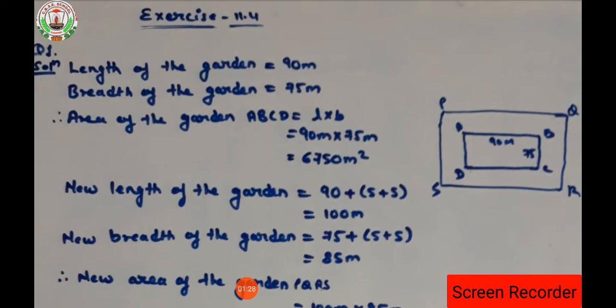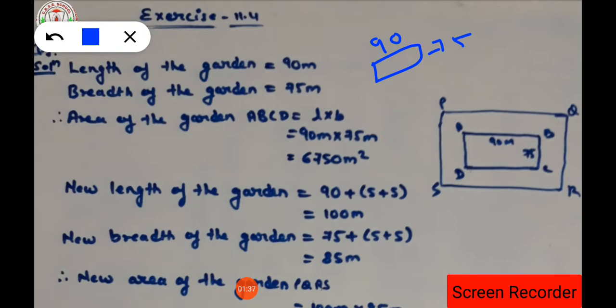We are having the garden. Length of the garden is 90 meter, breadth of the garden is 75 meter. So can we find the area of the garden? The garden is in the form of a rectangle. So area of the garden is equal to length into breadth, that is 90 meter into 75 meter, which will be 6750 meter square.